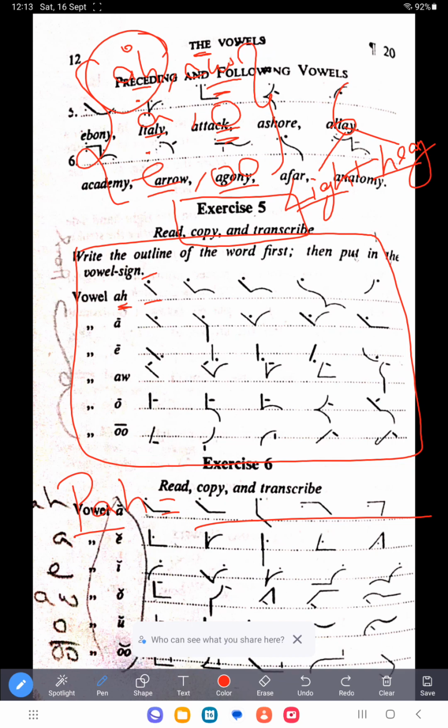And how to write this? In the previous chapter, we have rules. The learners who did not go through the previous session, please go through it so you will be able to understand exercise 5.